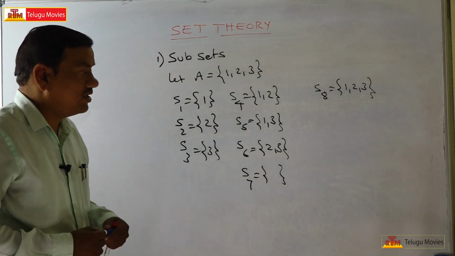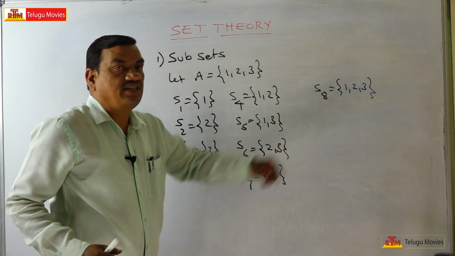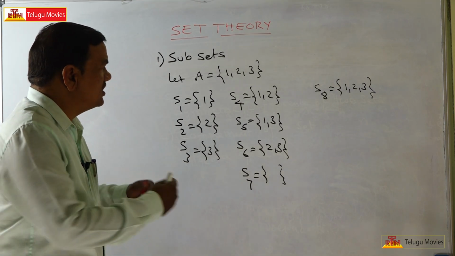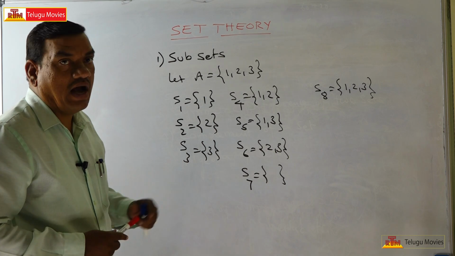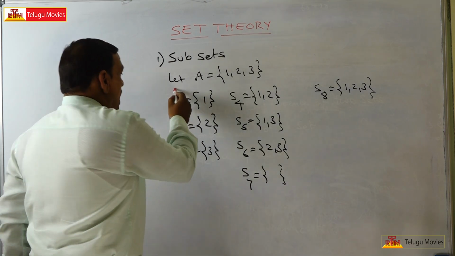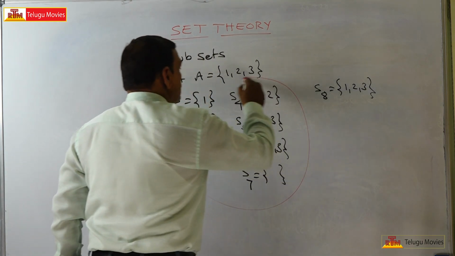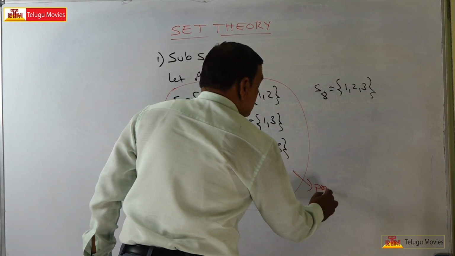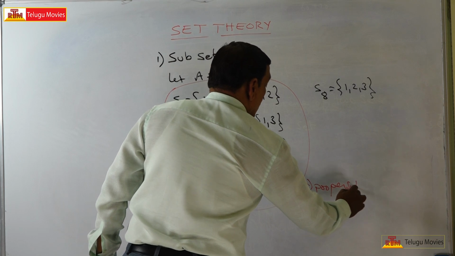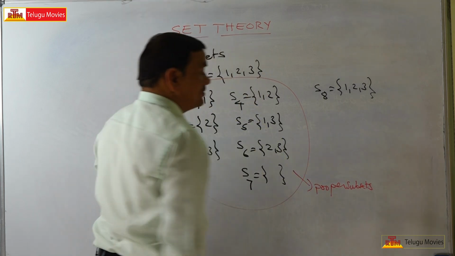So here if you observe, we got 8 subsets. All are subsets of the set A. For these subsets, up to here, we have one name: they are called proper subsets.